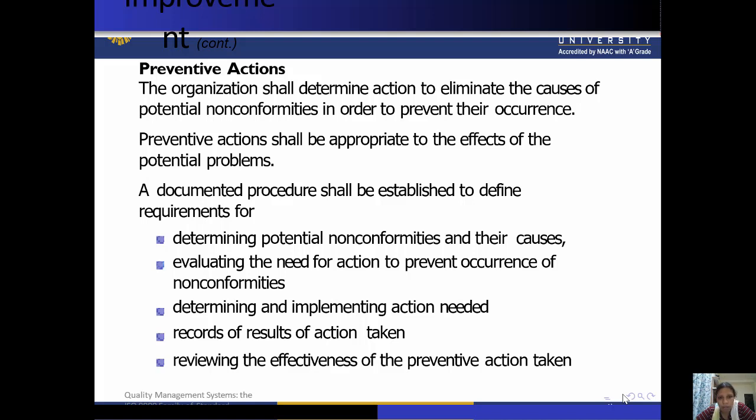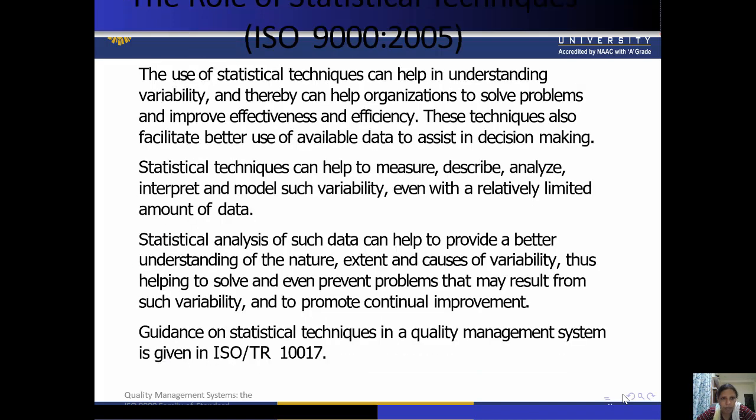A documented procedure shall be established to define requirements for determining potential non-conformities and their causes, evaluating the need for action to prevent occurrence of non-conformities, determining and implementing action needed, records of results of action taken, and reviewing the effectiveness of the preventive action taken.